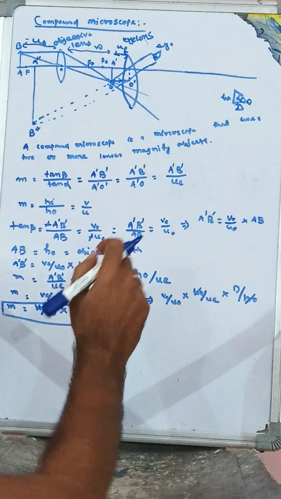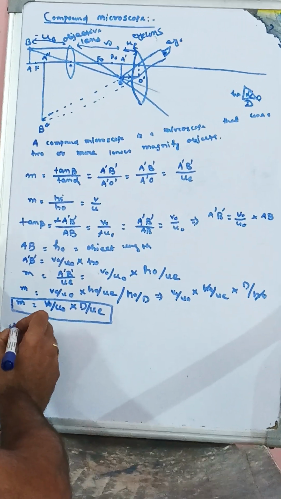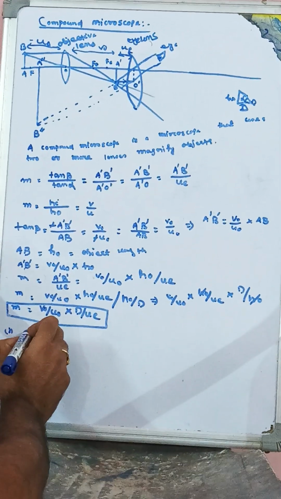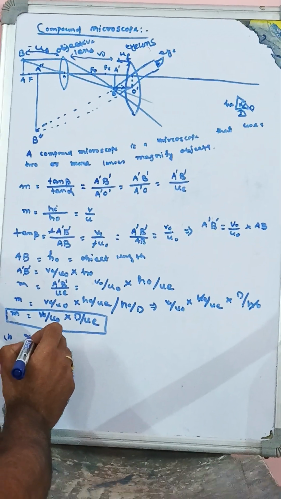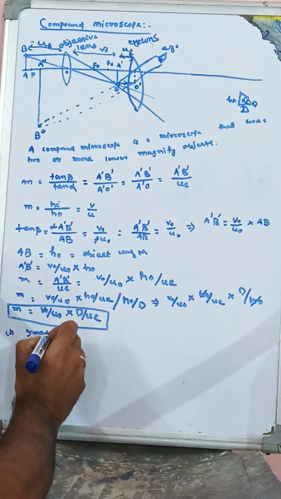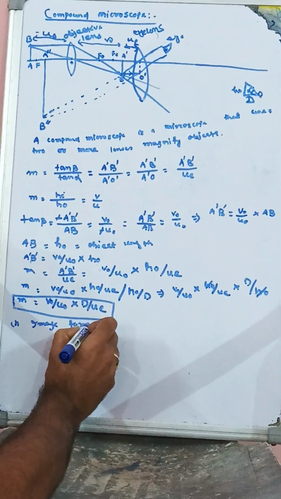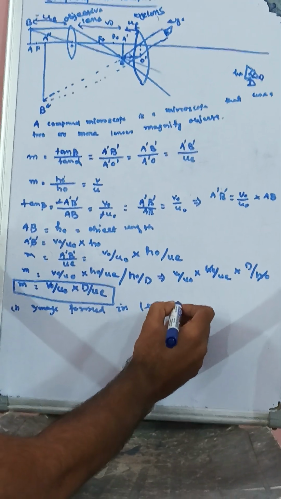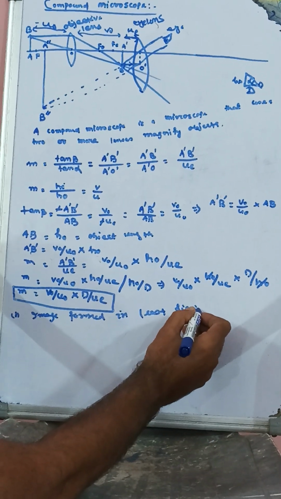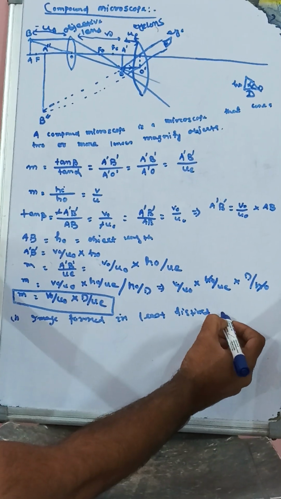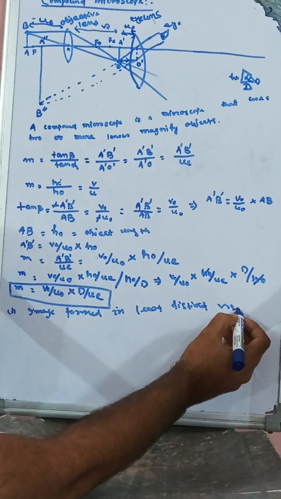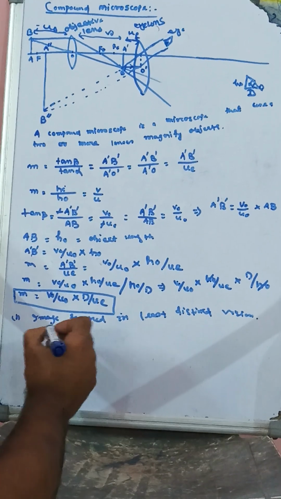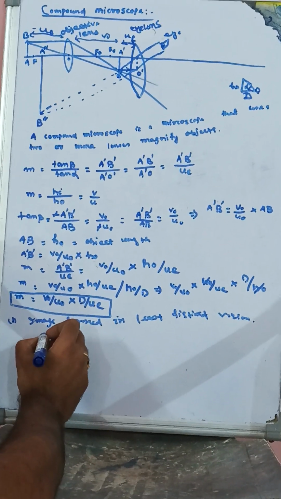Then what will we do? First case: the image is formed at the least distance of distinct vision.